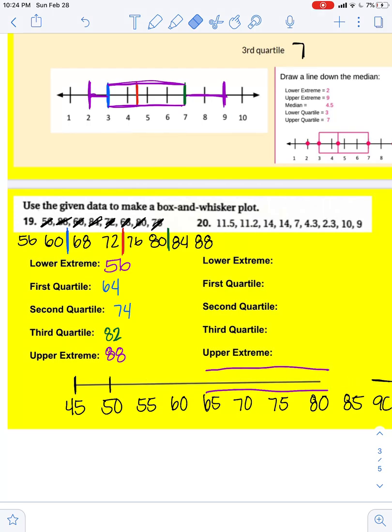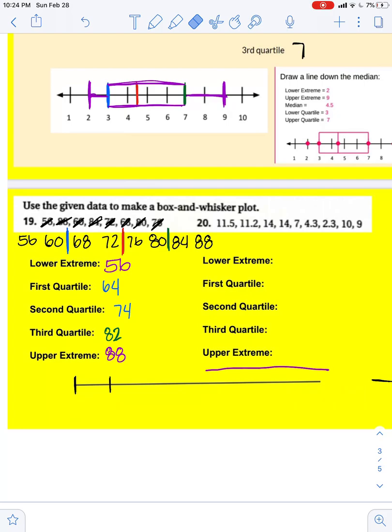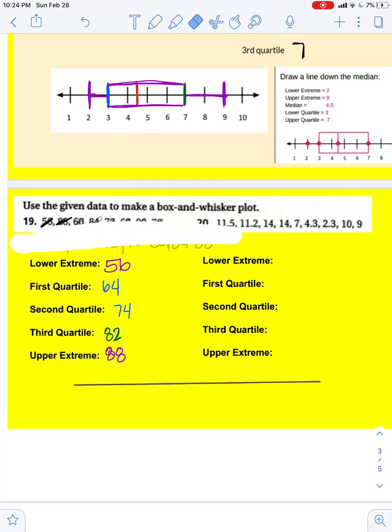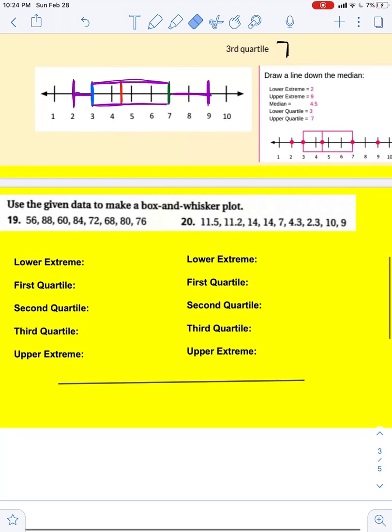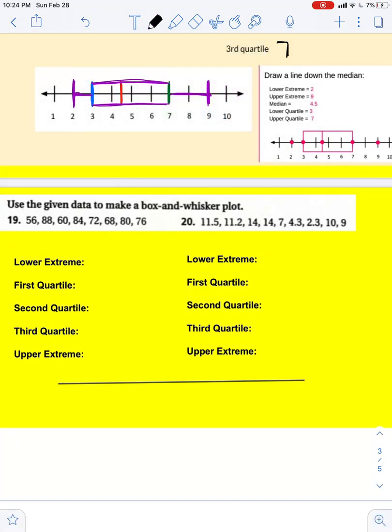Okay. And do another one. And I'm going to erase this so I have room. So we're going to do the same thing. I'm going to label this number line, and we will just go by ones.